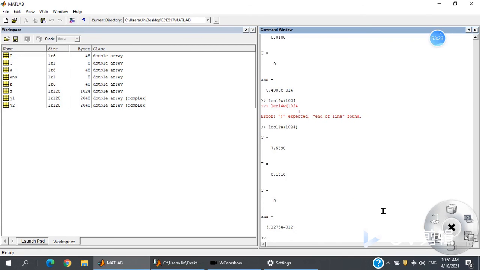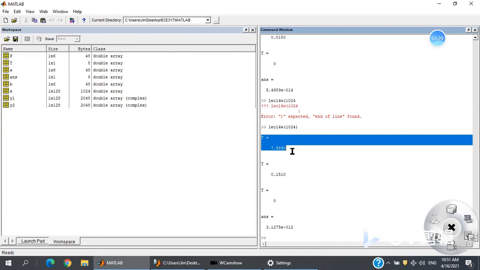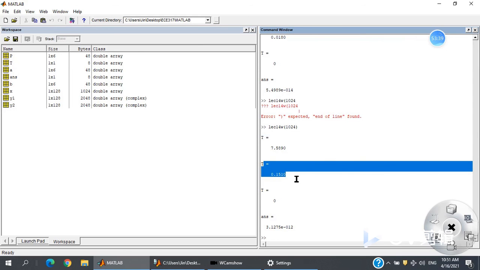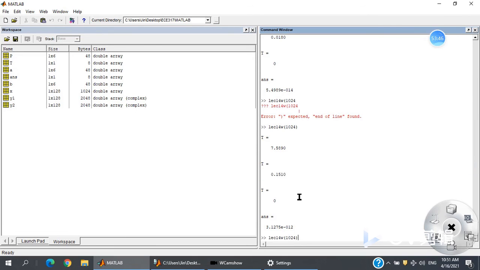Yeah, it's okay. You see, the first one, the original algorithm, spent about 7.5 seconds. And the second algorithm makes it faster, 0.15 second. Our FFT is still 0. Very fast. Try again.